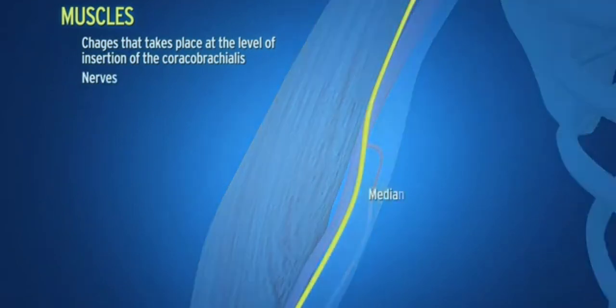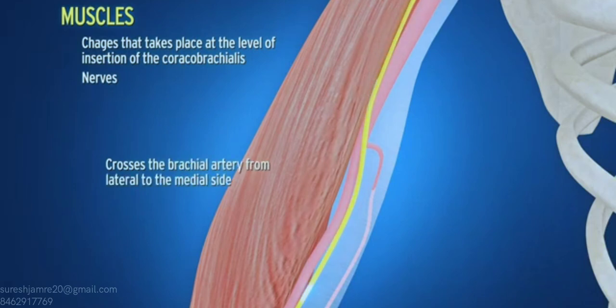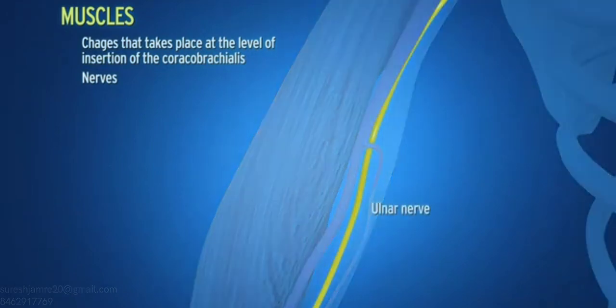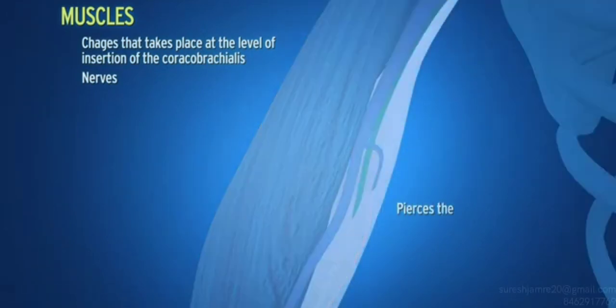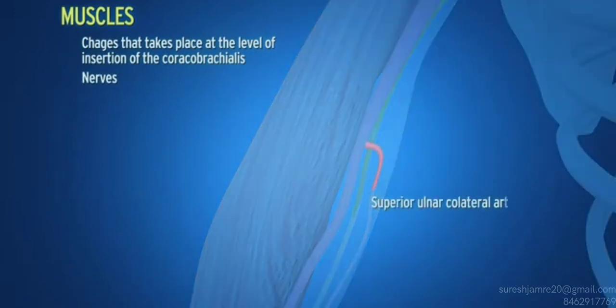Nerves. Median nerve crosses the brachial artery from lateral to the medial side. Ulnar nerve pierces the medial intermuscular septum along with the superior ulnar collateral artery.